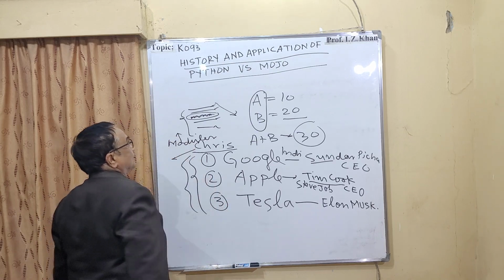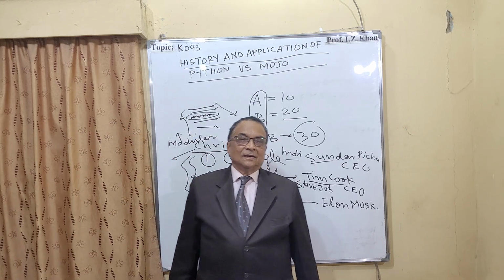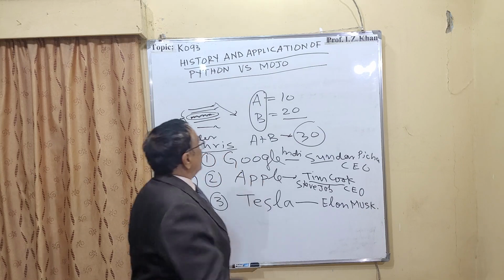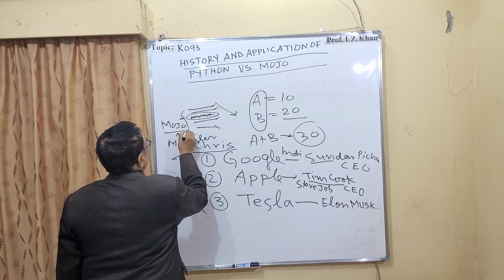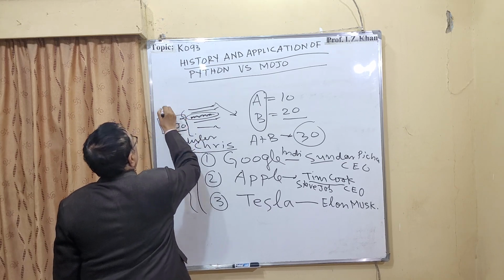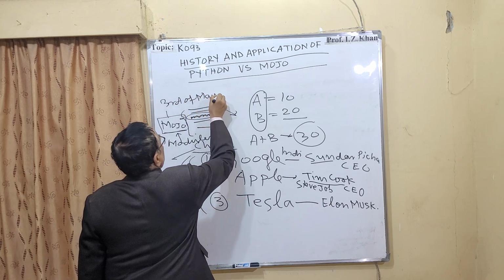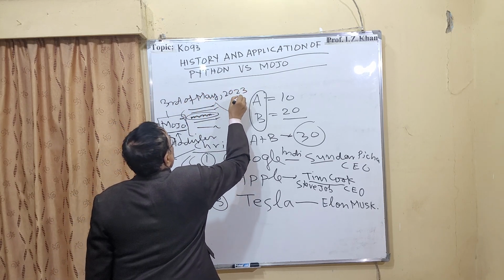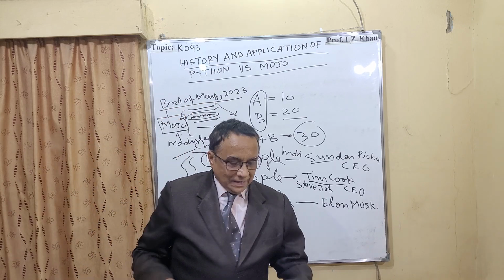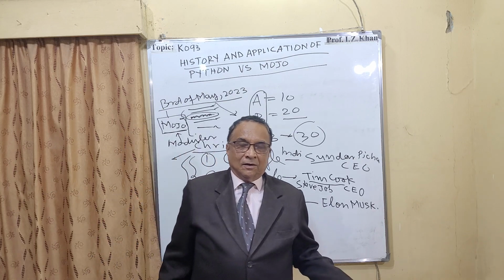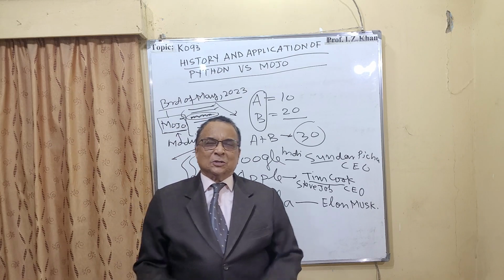And this Modular has launched their programming language, and the name is MOJO. So MOJO came in 2023, and nowadays once any programming language comes on this earth globally, hype is created, and a lot of advertisement will be there.